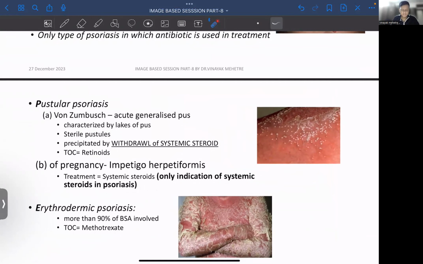Pustules हैं, right? History will be: after taking... खत्म हो गया लेके, that is in English called withdrawal of systemic steroids, right? As soon as we withdraw the steroids, this patient can have pus filled lesions on the body, which will be called pustular psoriasis. Okay, pustular psoriasis.